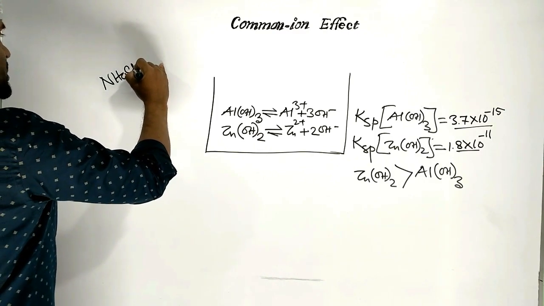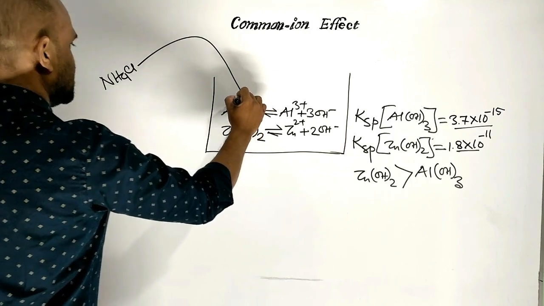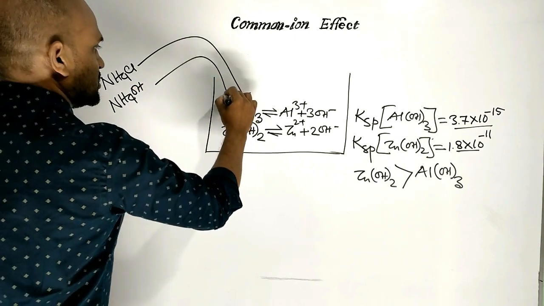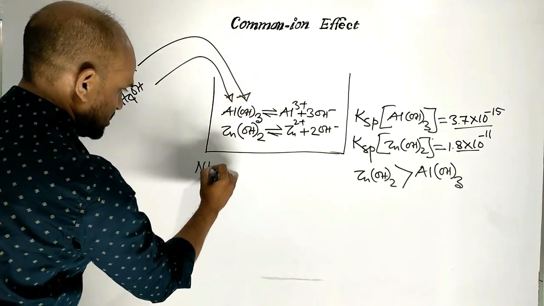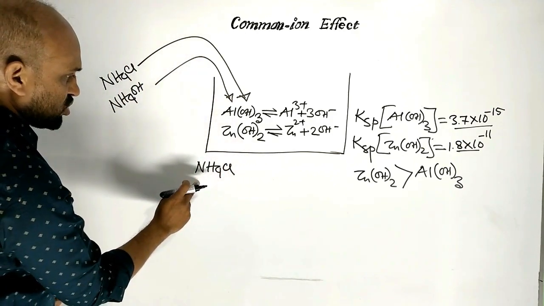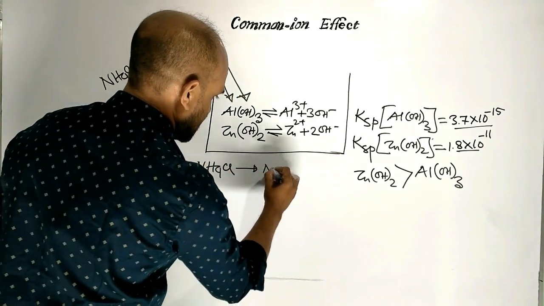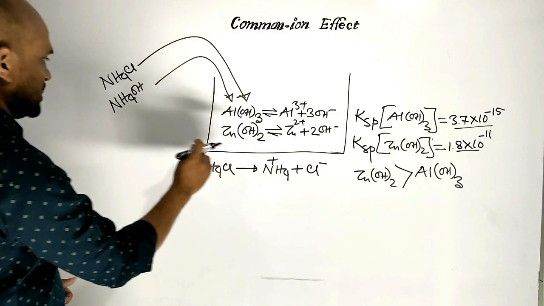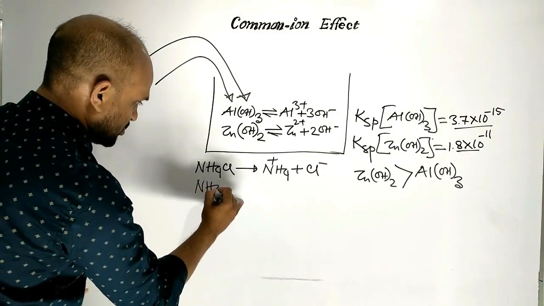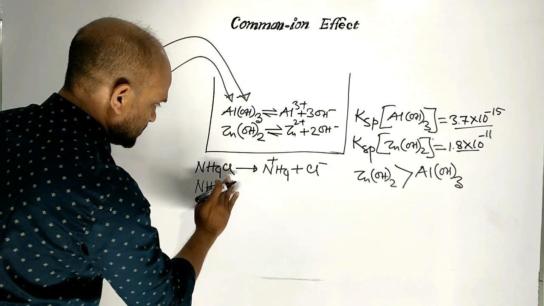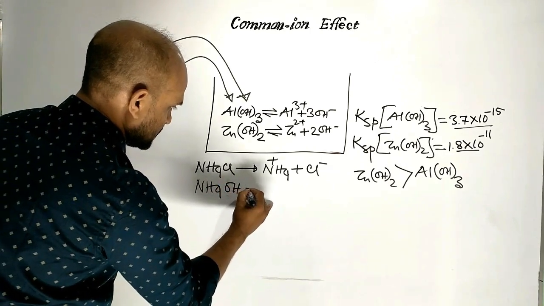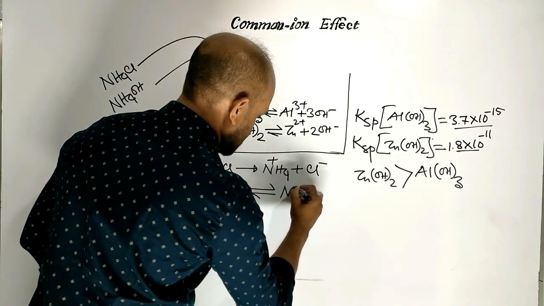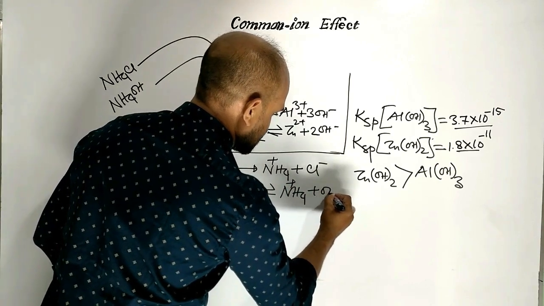When solution of ammonium chloride is added to the solution and then ammonium hydroxide solution, ammonium chloride is a kind of strong electrolyte. It ionizes fully to form ammonium ion and chloride ion. On the other hand, ammonium hydroxide is a kind of weak electrolyte. It establishes equilibrium state with its ions, ammonium ion and hydroxide ion.